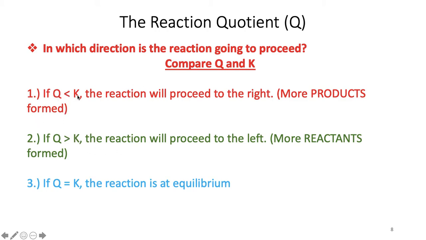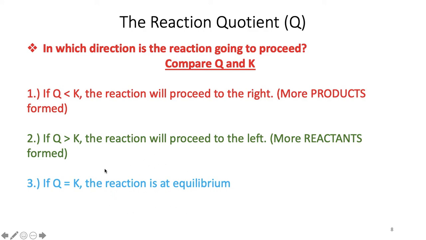So if Q is smaller than K, the reaction will proceed to the right, making more products. If Q is larger than K, the reaction will proceed to the left instead, making more reactants. If Q is equal to K, and this is my last possibility, then the reaction is at equilibrium and my rates are going to be the same.